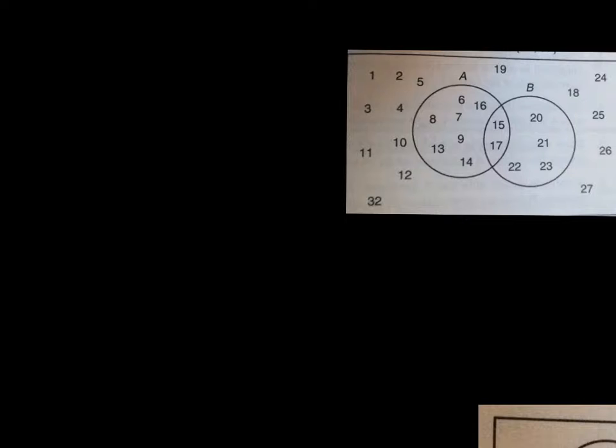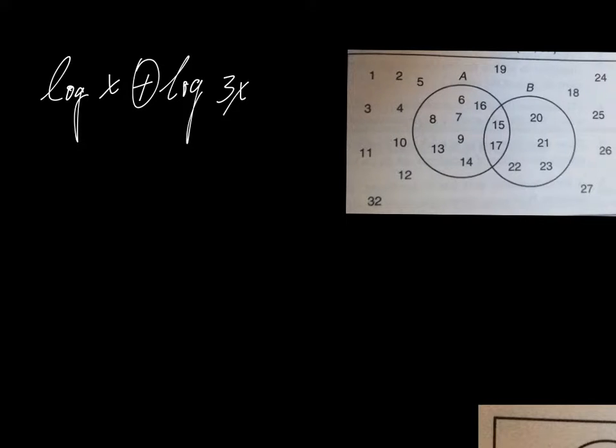And law of logarithms basically is the whole idea that when you're given log of x plus the log of 3x, that means that with the plus sign, when we want to make it into just one log and combine and actually add these, we get the log of x times 3x.